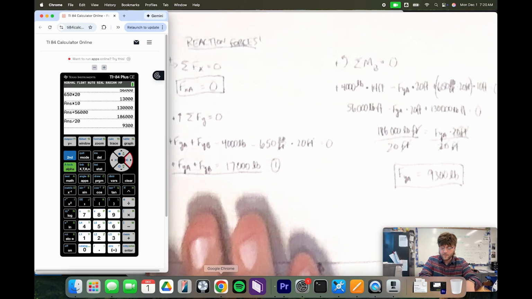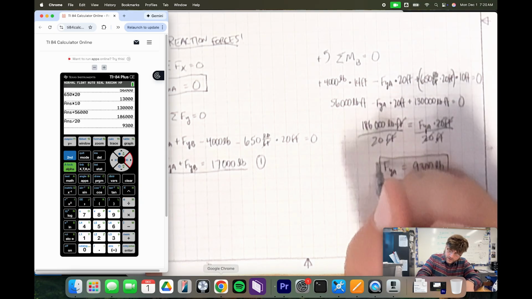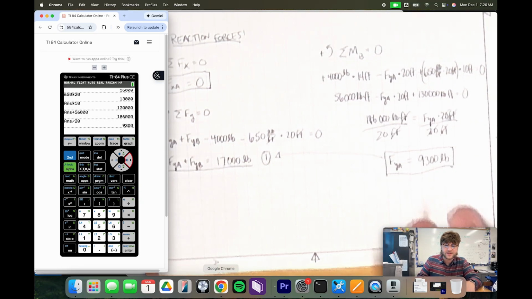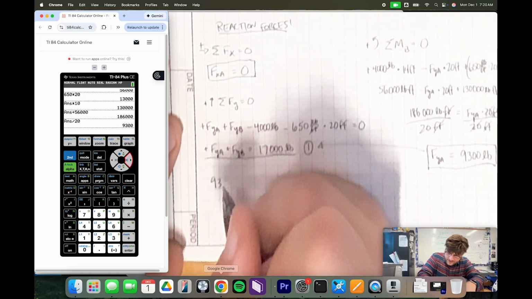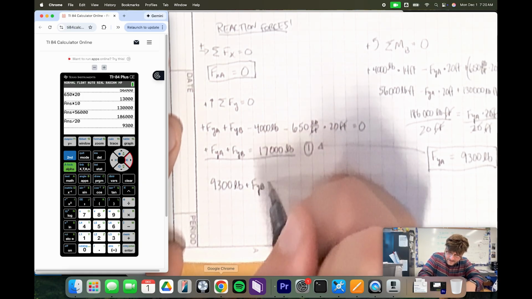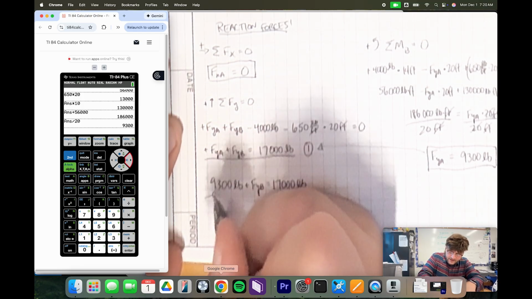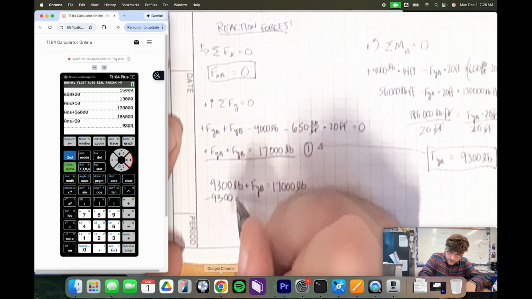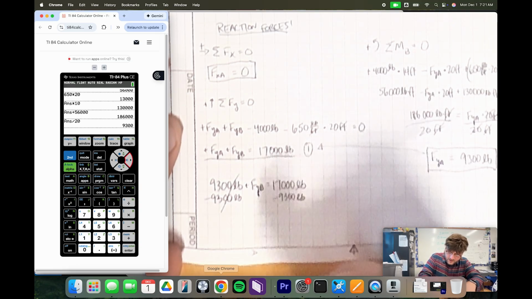Now, whenever we go back to this equation, we can plug this in to equation 1 here. And so we have 9,300 pounds plus FYB is going to be equal to 17,000 pounds. Now I can subtract that 9,300 pounds from both sides so that we can solve for FYB.